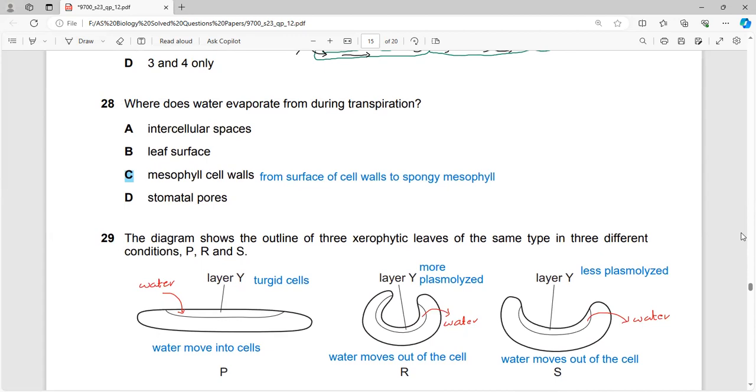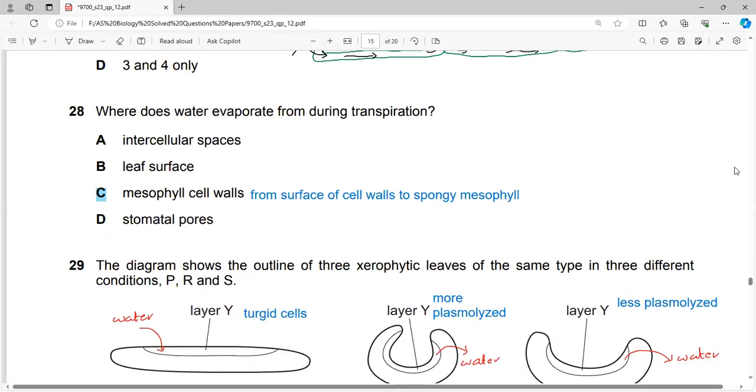Where does the water evaporate during transpiration? So during transpiration, where is the water evaporating? If the water is moving from one cell to another cell, it is crossing the cell membrane. So this is osmosis.